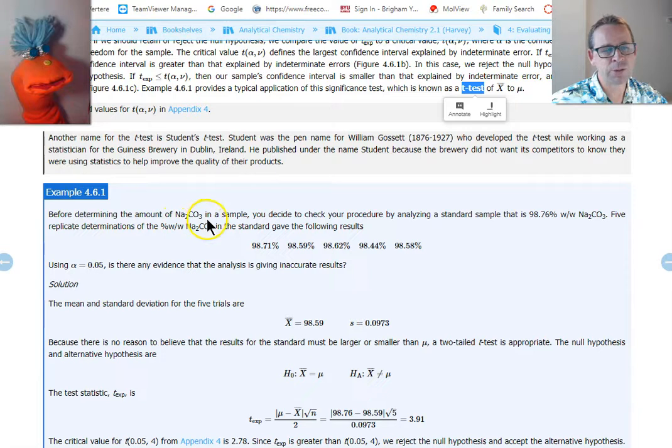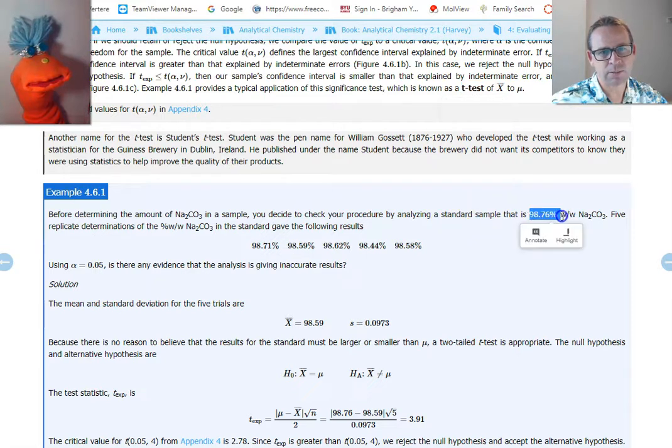We're determining the amount of sodium carbonate in a sample, and you want to check your procedure by analyzing a standard which says it's 98.76%. You do it 5 times, and the standard gave these 5 results. Using an alpha of 0.05, is there any evidence that your analysis is producing incorrect results?